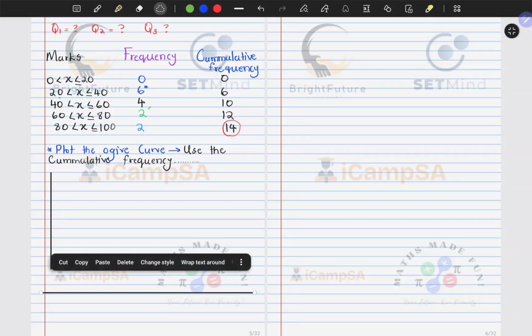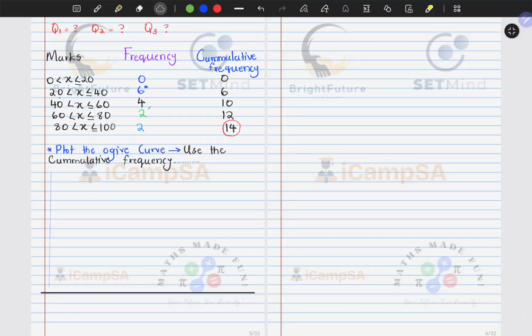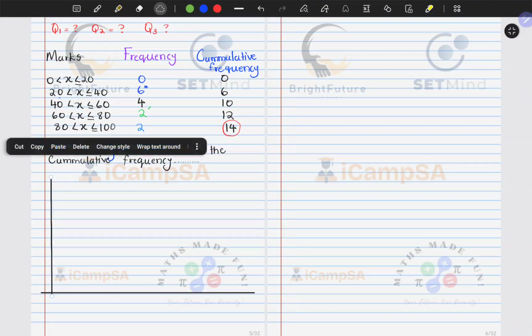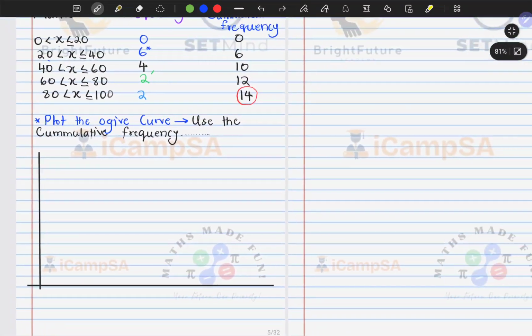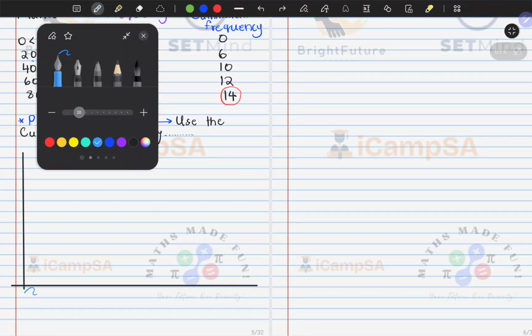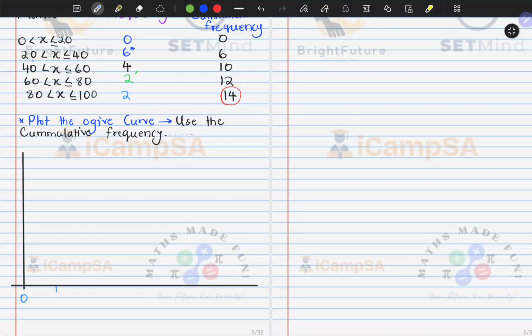Let's create some space. Right. So I'm going to have a 20, a 40, a 60, 80 until we reach 100. I'm going to start off with the 0, which will be somewhere here. Then we have a 20, then a 40, then a 60, then 80, and then 100.